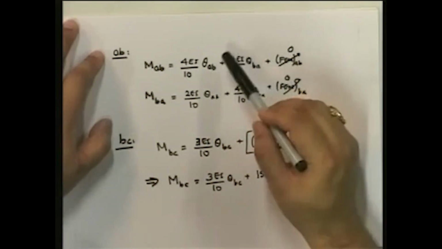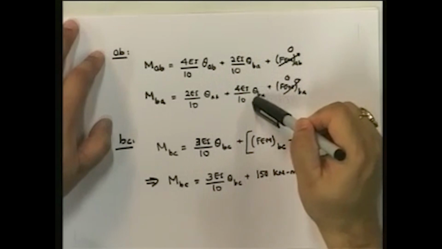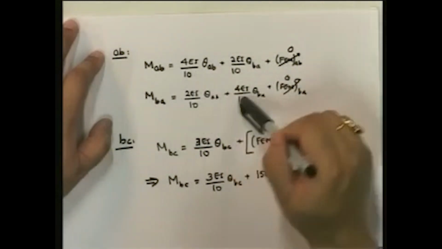Note that again theta AB and theta BA, the way we have defined them in this equation, are the rotations of the tangent at A and B respectively, measured from the chord joining A and B. Okay, remember that.